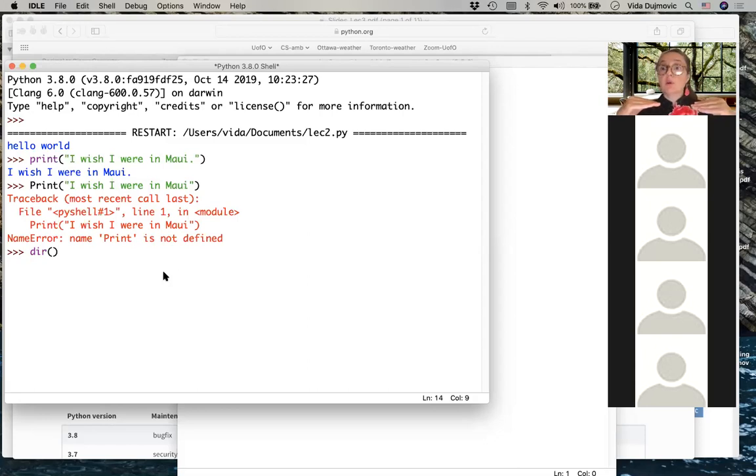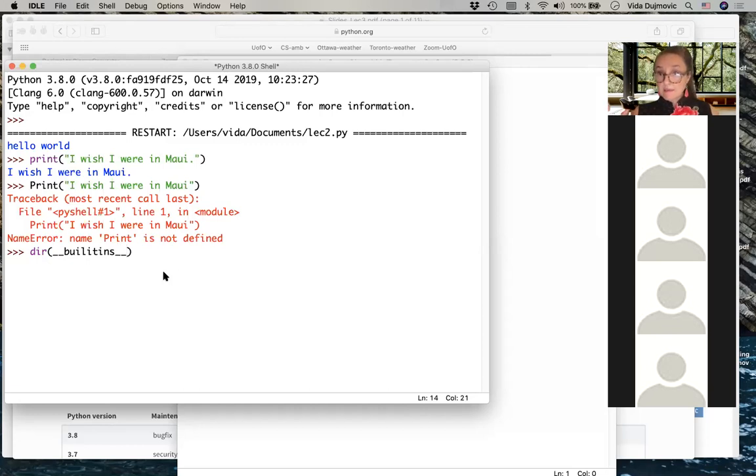If you want to know what comes pre-installed in the most basic Python, then you do dir and open parentheses, close parentheses, and what you're going to put here at first doesn't make much sense. Well, I'm not saying it's going to make much sense towards the end either. This is not necessarily intuitive syntax. You do underscore, underscore, built-ins, underscore, underscore.